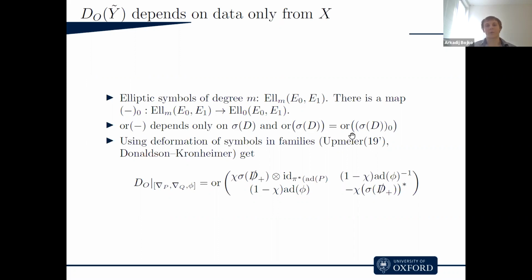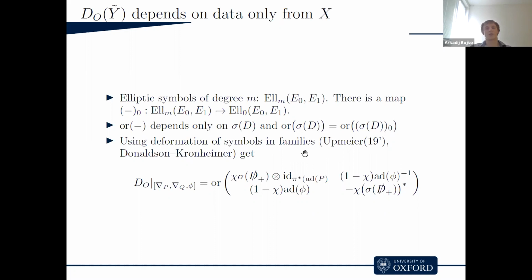In particular, one also has this well-behavedness of the orientation Z2 torsor under decreasing the degree of the symbol. So the orientation of this degree 0 symbol is naturally isomorphic to the orientation Z2 torsor of the original symbol.